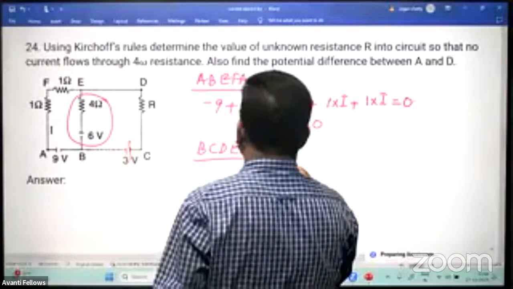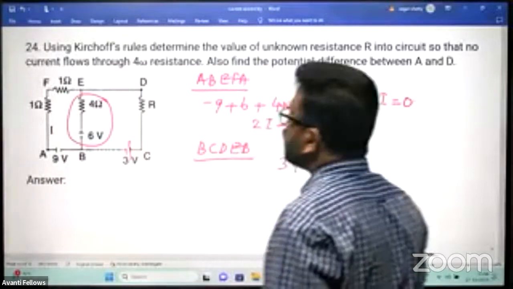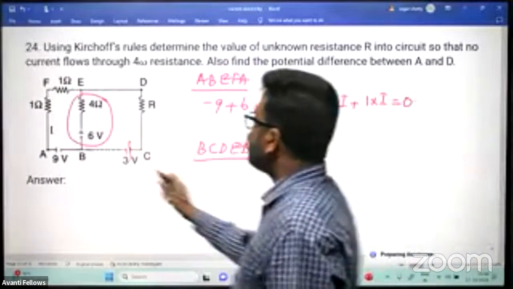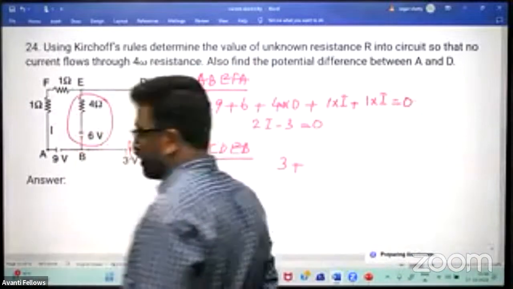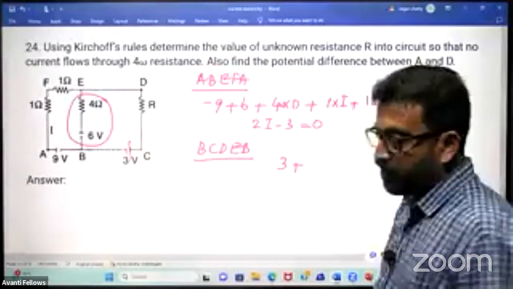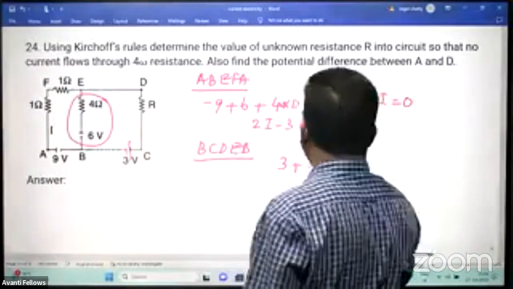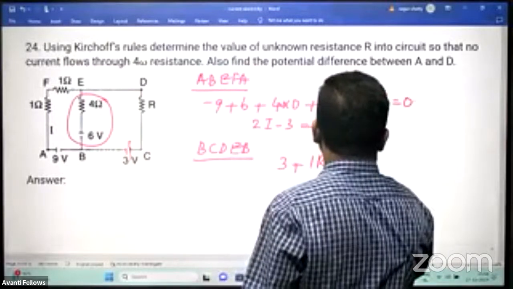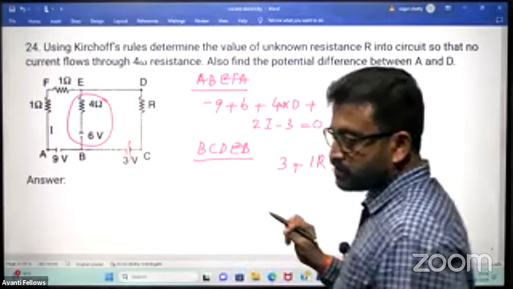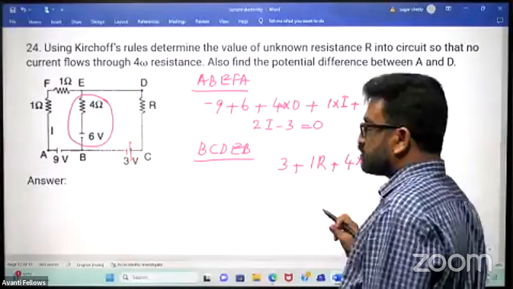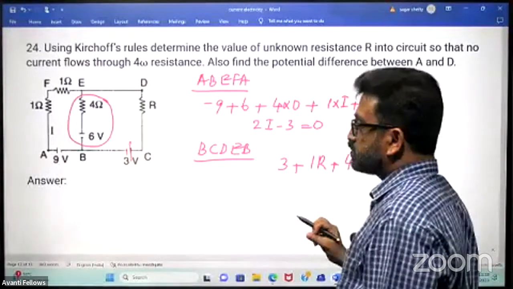So plus 3 plus, in this loop BCDEB, 4 into 0, minus 6.